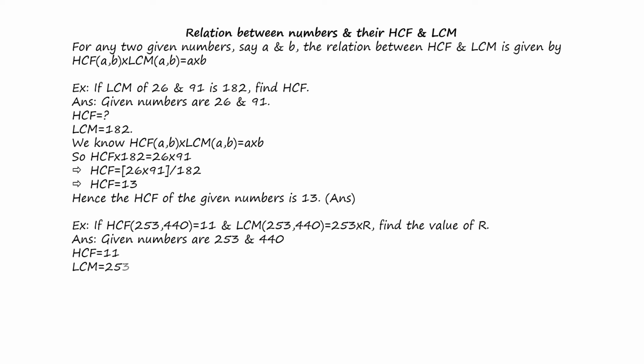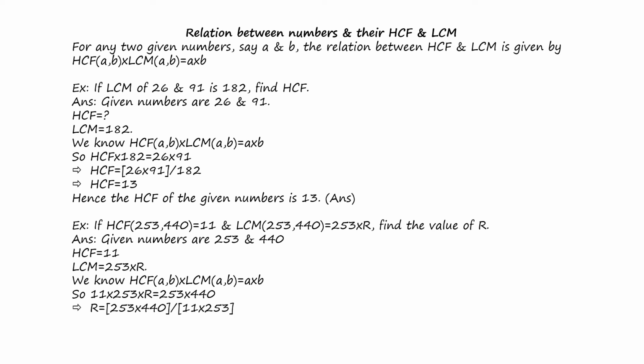Given that HCF is 11 and LCM is 253 into R. Now we know HCF of A and B into LCM of A and B equals A into B. So we can write 11 into 253 into R equals 253 into 440, or we can write R equals 253 into 440 whole divided by 11 into 253, which is nothing but R equals 40. Hence, the value of R is 40, is the answer.